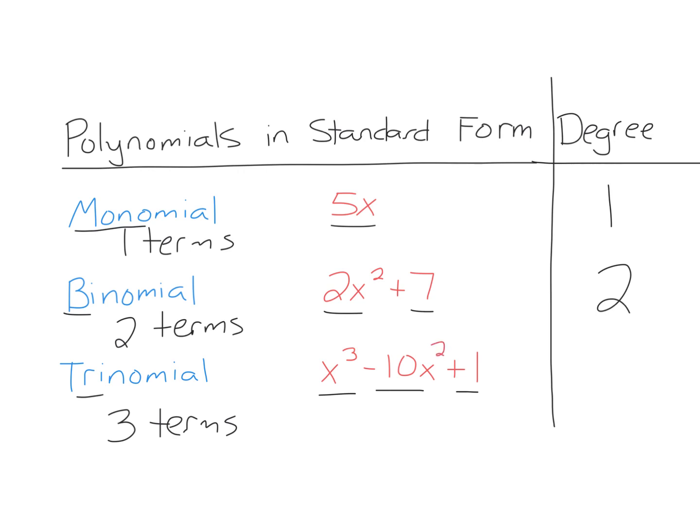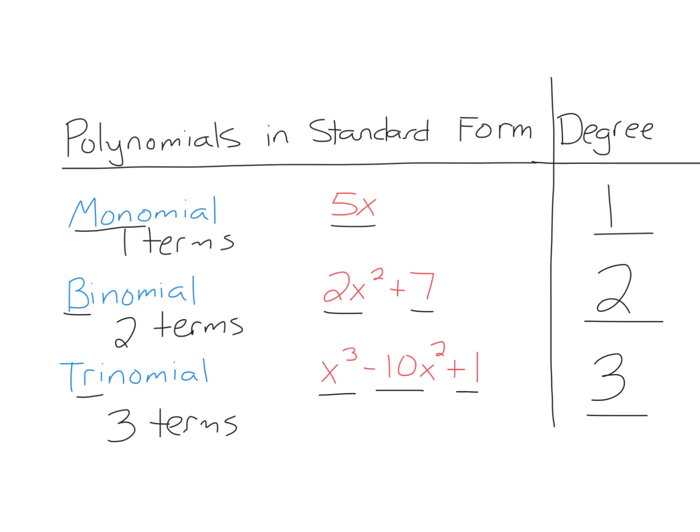On our trinomial example, out of our 3 terms, what's our highest degree, or what's our degree? 3. Yep, even though we have an exponent 2 and an exponent 3, we always want to take our highest. Now, this is just a coincidence that our monomial had 1 degree, binomial had 2, trinomial had 3. It could have 10.